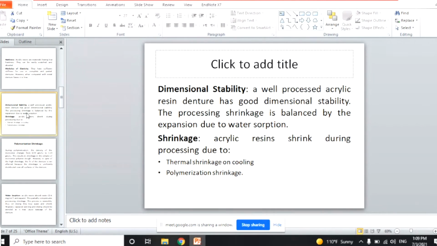What are the factors that affect the dimensional stability? It's usually the shrinkage. Usually, the shrinkage occurs due to thermal shrinkage on cooling, polymerization shrinkage, and cold application or hot application.